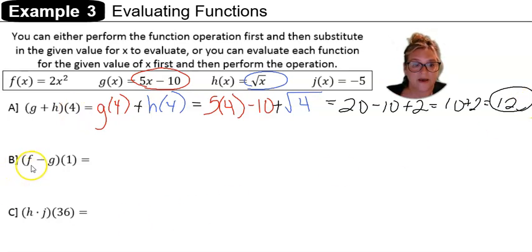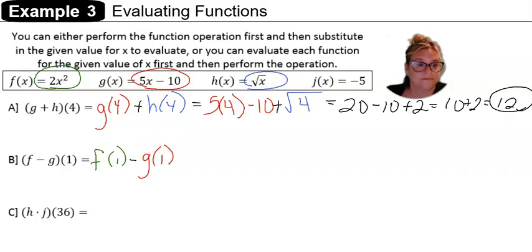Now in B, we've got the function f minus the function g, and that's going to be evaluated at 1. So I'm going to use green for f of 1, and then we're going to subtract g of 1, which was red. We start with the function f, which is 2x squared, but in place of the x, we put the 1.